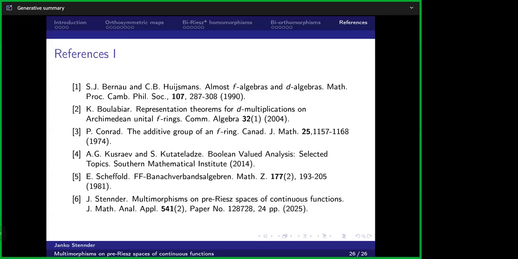Pre-Riesz spaces come up quite naturally from studying vector lattices. If you start studying the linear maps between vector lattices, unless you have extra conditions, those operator spaces don't form vector lattices. They only form pre-Riesz spaces, even though you start off with vector lattices.